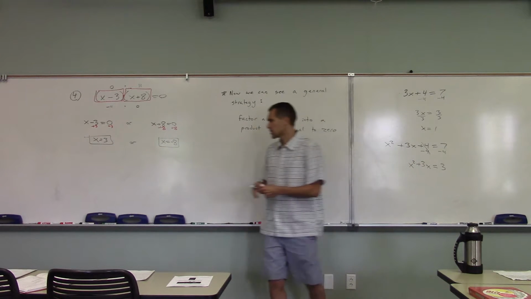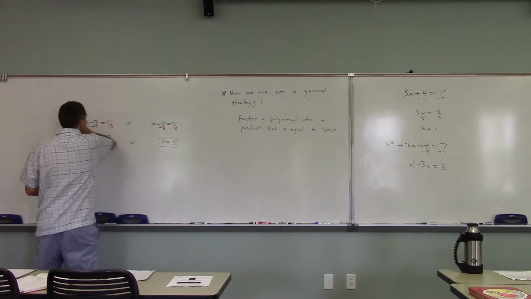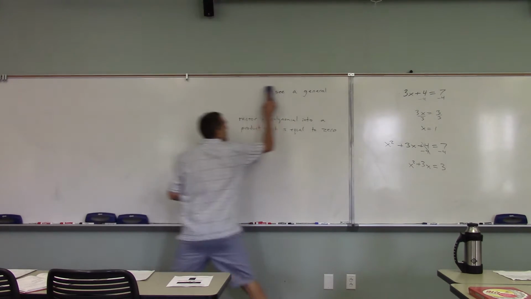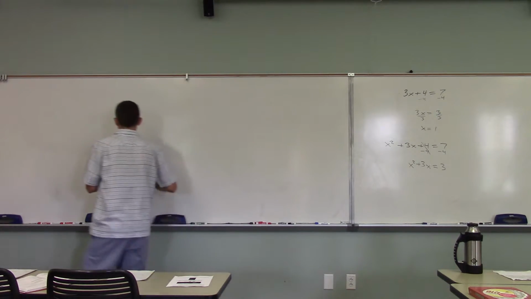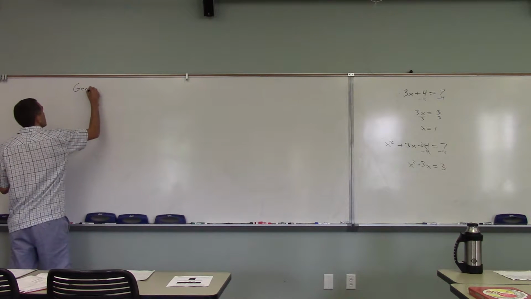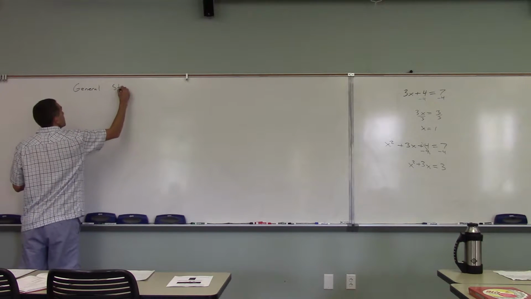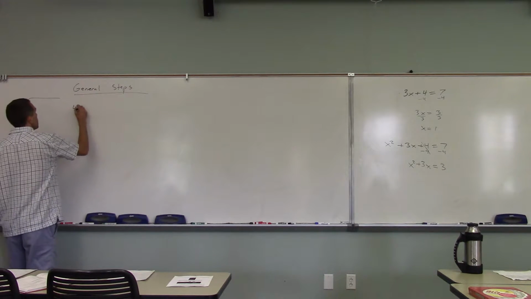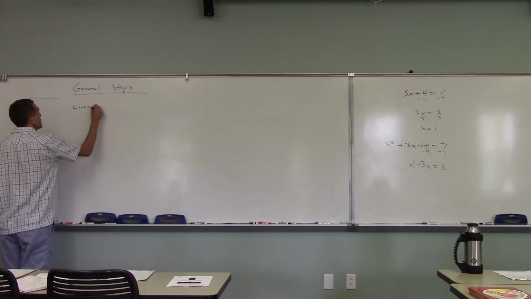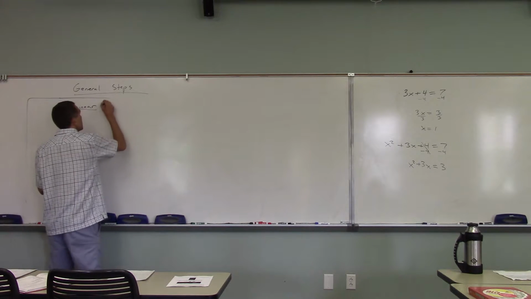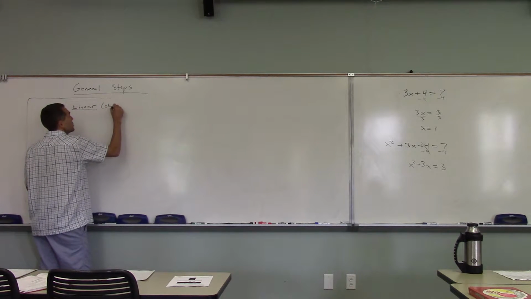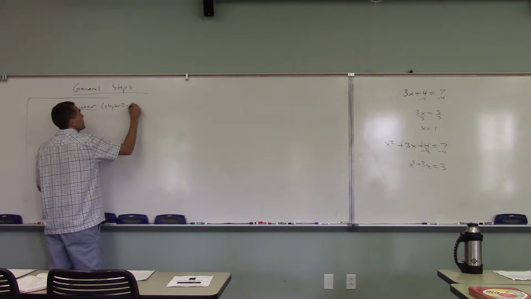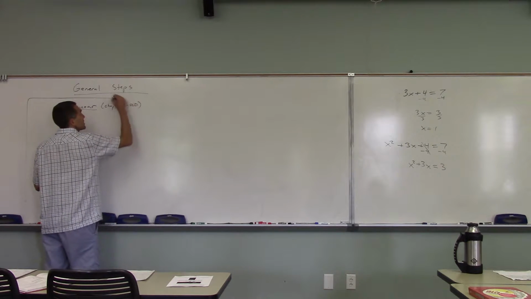So, here's our big general plan. General steps, and I'm going to do it in two parts. Over here is linear, AKA chapter 2, this is old, this is good stuff, classic.